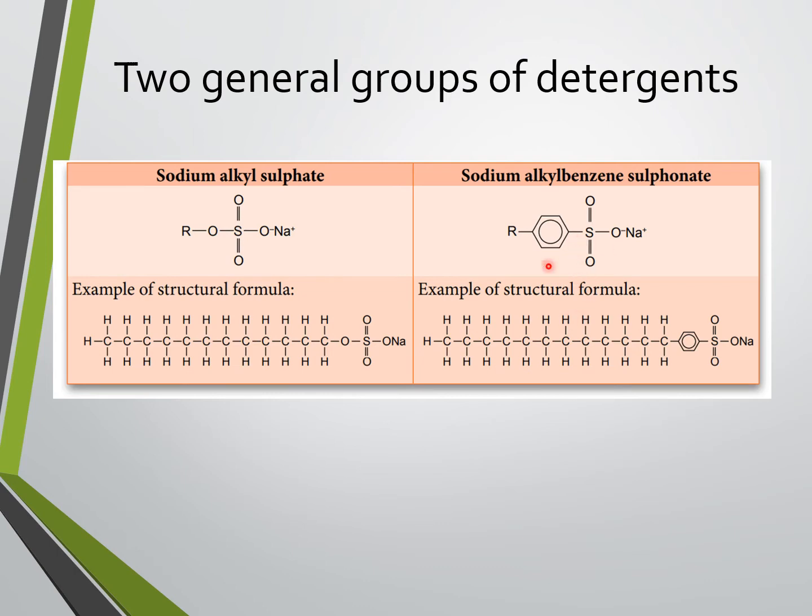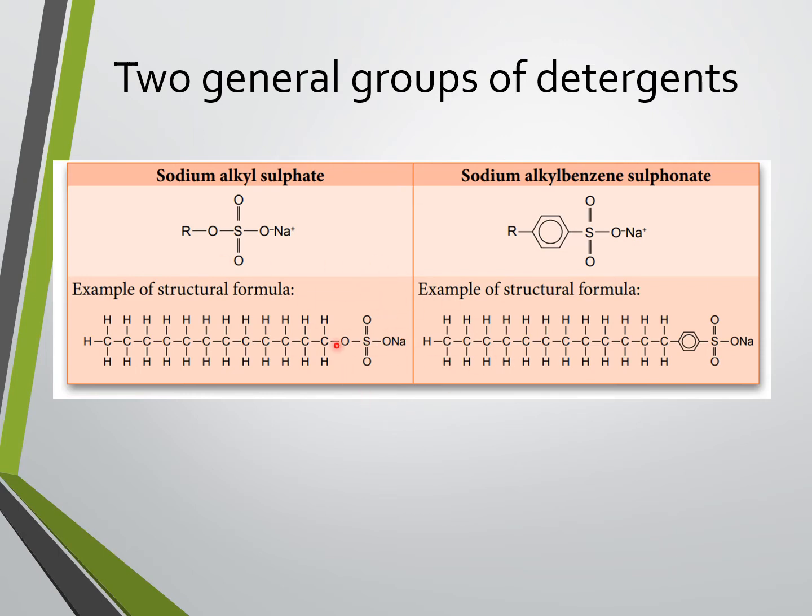The same goes for the sodium alkyl benzene. The R is the long carbon chain with the hydrogen beside each carbon. And we have sulfur surrounded by only 3 oxygen. And at the end is the sodium ion. Just see the structure.